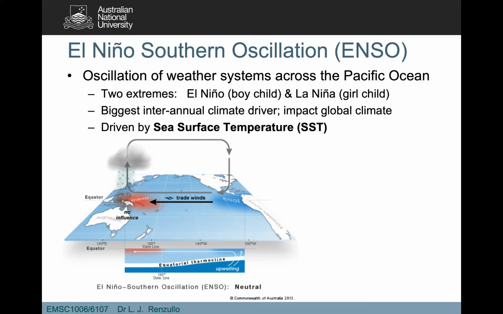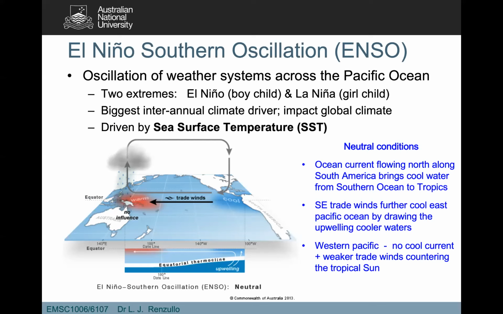And because of the pressure variations across the Pacific and the circulation patterns through Coriolis, we get the trade winds.